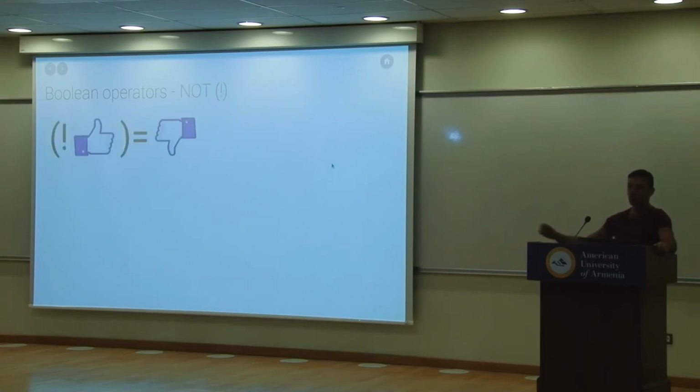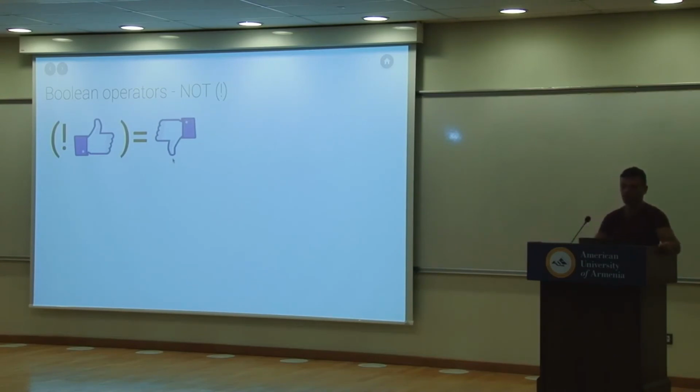Okay, so far we studied and, and we studied or. Remember that this means not. Even when we were doing the equal sign, we did equal, equal to see if it's true, and we did exclamation point equal to say not equal. You remember that?